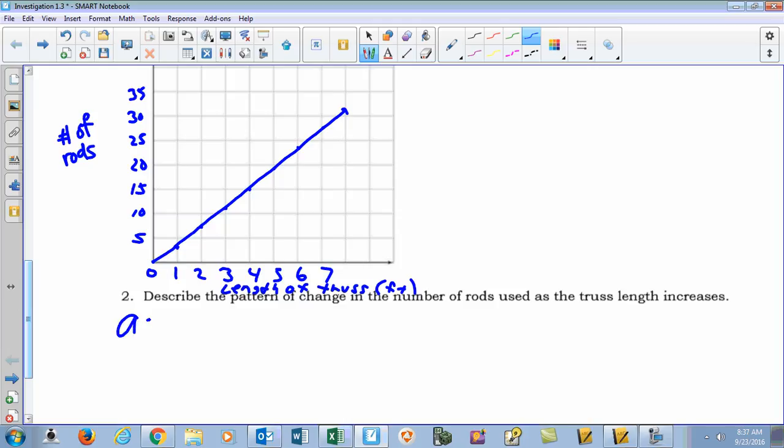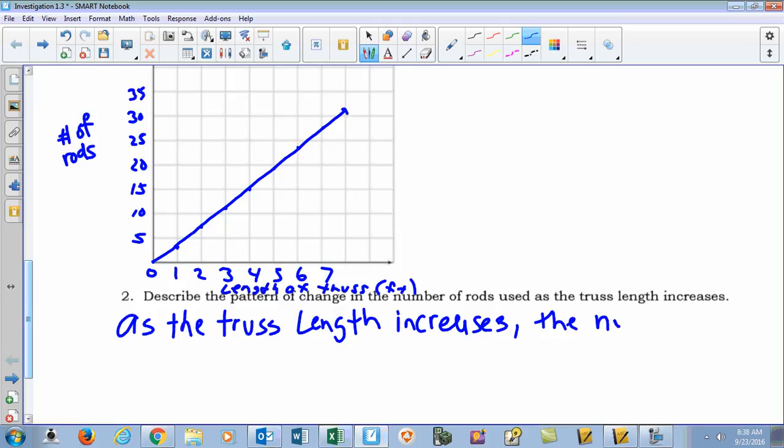So as the truss length increases, the number of rods increases by 4. So for every foot added on, we increase by 4 rods. Pretty straightforward, right?